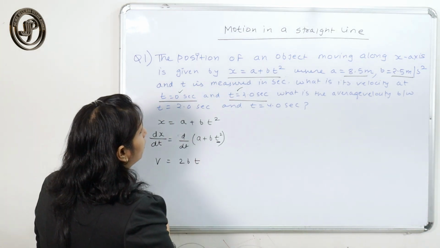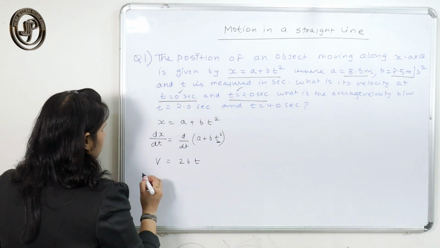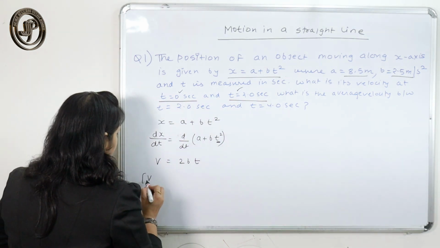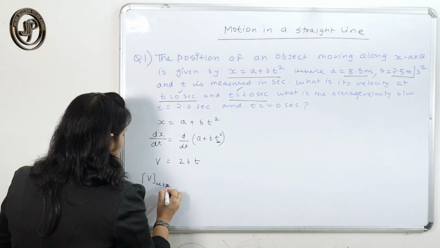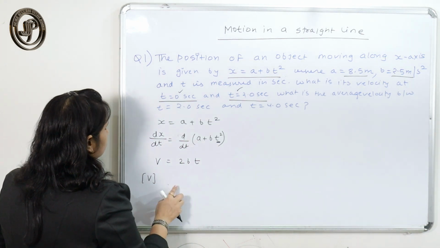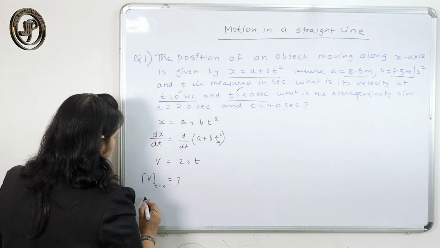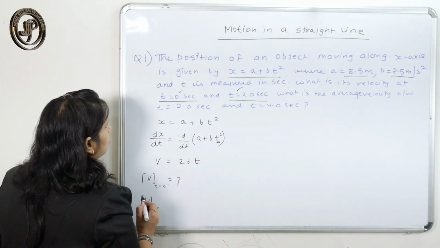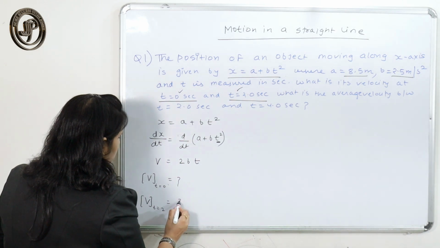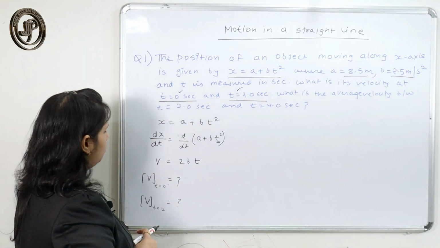Now what is the given condition? I need to find the velocity at t equals 0 and the velocity at t equals 2, that is what is asked in the question.